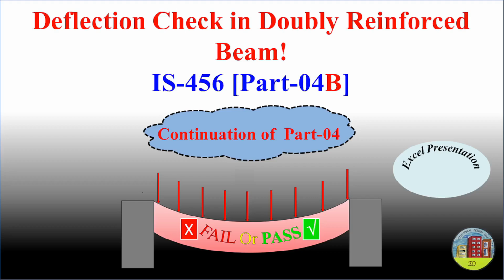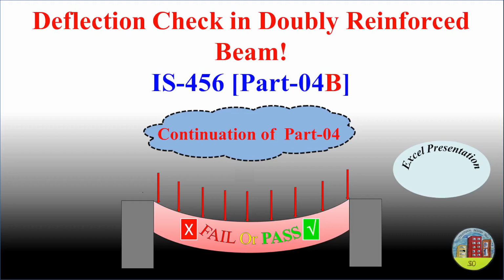And for an even stronger foundation, my IS 456 Singly Reinforced Beam Design, Bending Moment, Shear Force and Deflection Limits and Checks in Excel series, Parts 1 through 7, will be incredibly helpful.